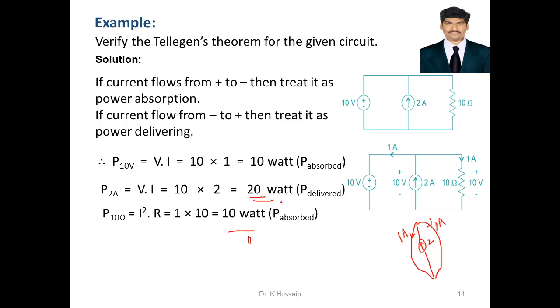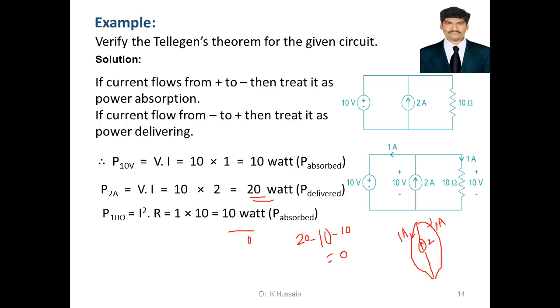Okay, that is, delivered is equal to the sum of the absorbed powers, or you can take the sum of all the powers. You can take 20 minus 10 minus 10. So how much will you get? Already we know Tellegen's theorem: the algebraic sum of the instantaneous powers should be 0.